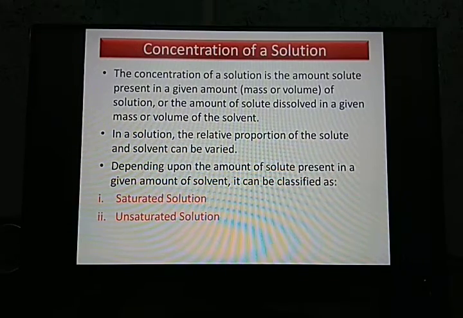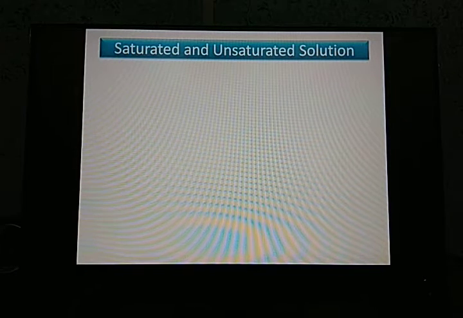So moving on to what is called saturated and unsaturated solution. Before going to the topic of what is saturated and unsaturated, let us take an example.